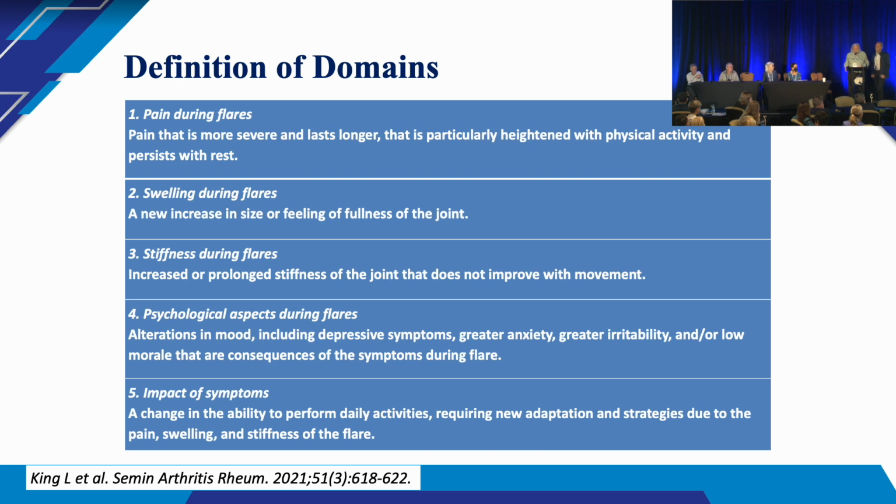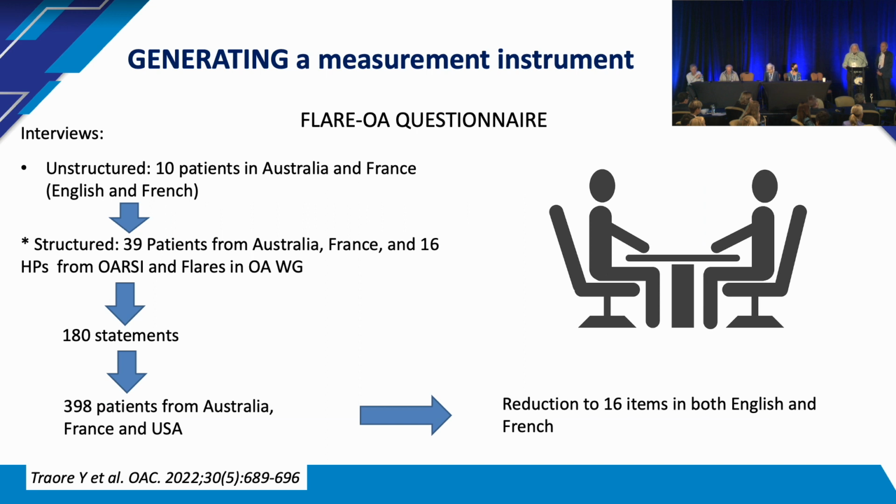Parallel to the definition of domains, work progressed on the definition of an instrument to measure the domains, the Flare in OA questionnaire. Patients with knee and/or hip osteoarthritis in Australia and France were interviewed in their own language.